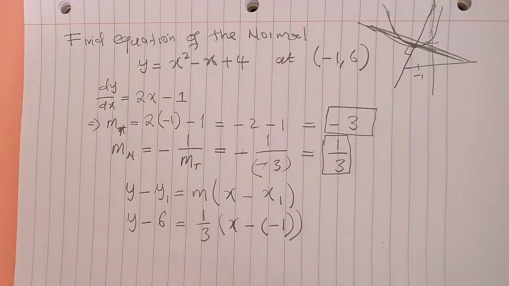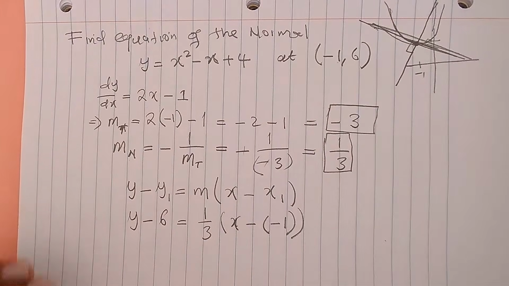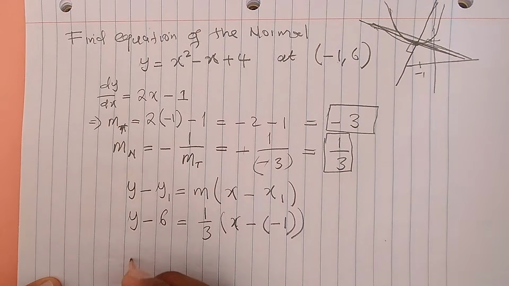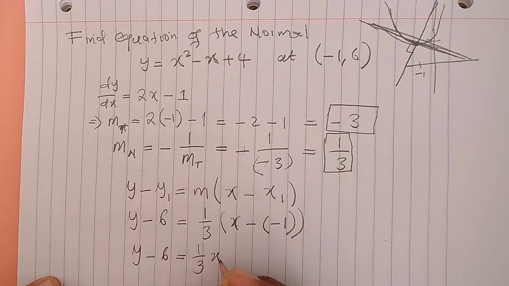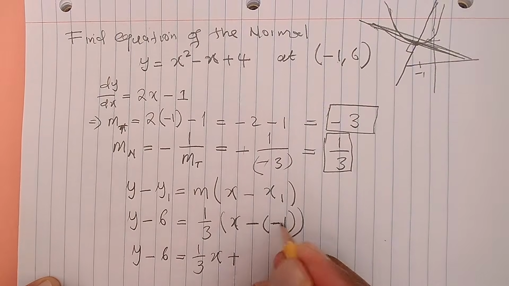Okay, so we can go ahead and simplify. If I do that, we have y minus 6 is equal to 1 over 3 x, plus, because a negative multiplied by a negative number is plus, then 1 over 3.